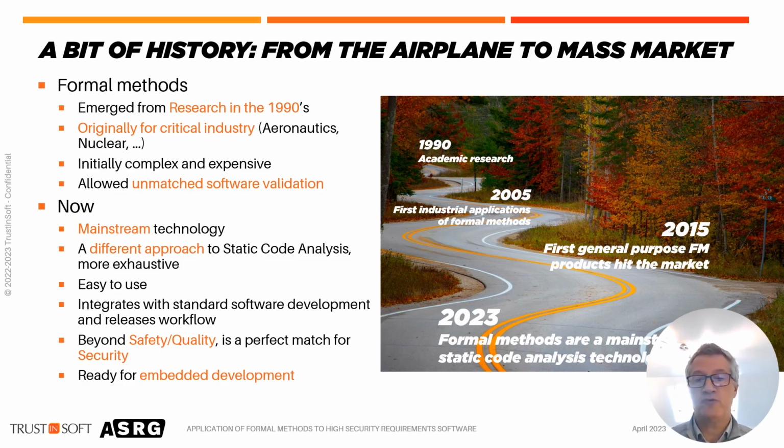Of course, there was a move to make such technology more usable for the average user, let's say. And in the middle of the 2010s, around 2015, we saw the first general purpose formal methods product hitting the market. And as of today, in 2023, one can consider that formal methods is now a mainstream technology.